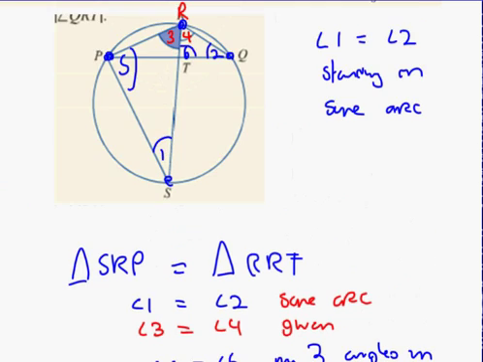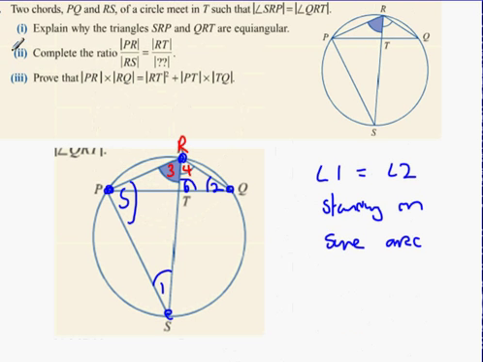Next one. Complete the ratio: PR over RT equals RS over PS. So I'm going to use my colours again. Angle 2 equals angle 1, angle 5 equals angle 6. Look at this one. Pick PR.